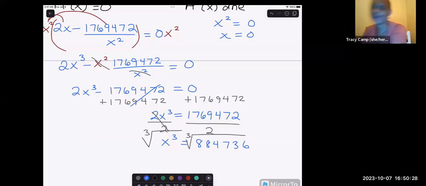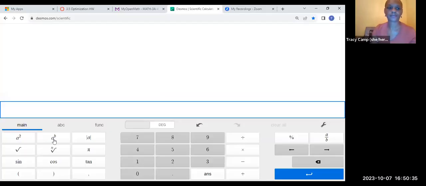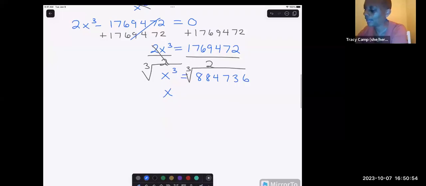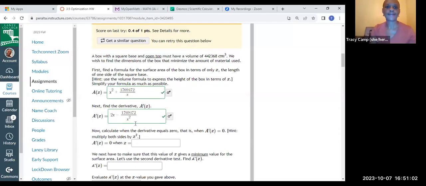And let's see what we get. I wonder if we'll get a nice number. I don't know. Let's see. So we're taking the cube root of 884,736. Oh my goodness, we got a nice number. Isn't that nice? So we got 96. So here we get x equals 96. And that is what gets to go here.